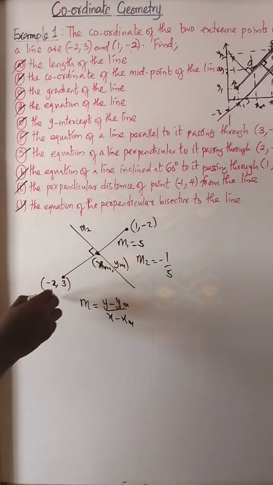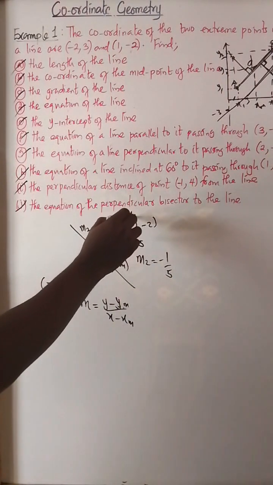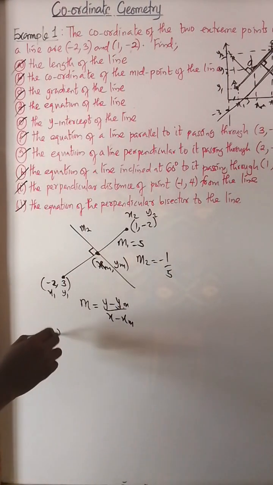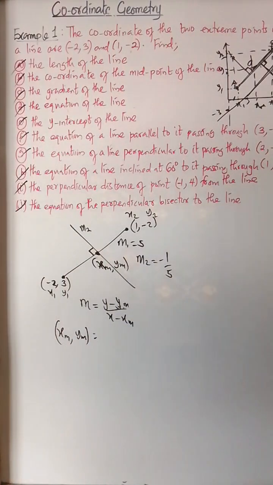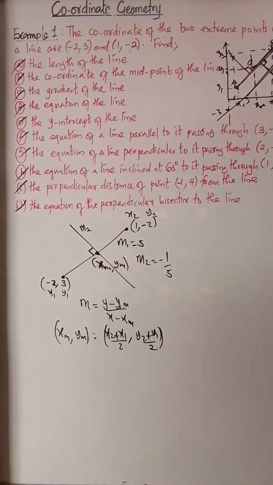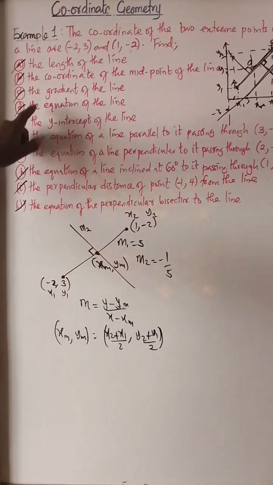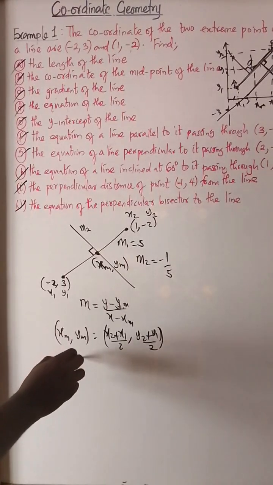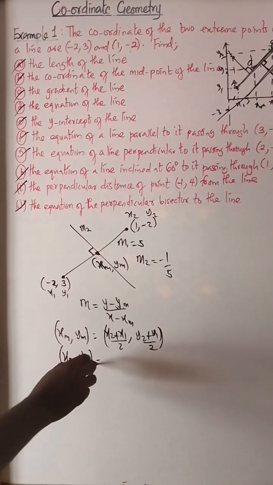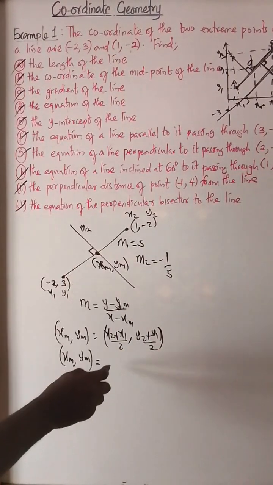So these are x1, y1, these are x2, y2. The coordinate of the midpoint of the line, which is xm, ym, equals what? x2 plus x1 over 2, y2 plus y1 over 2. We've done that earlier on where we got minus half and half. I think this is it, yeah, B. But let's do it again. So our xm becomes, what is x2? x2 is 1.